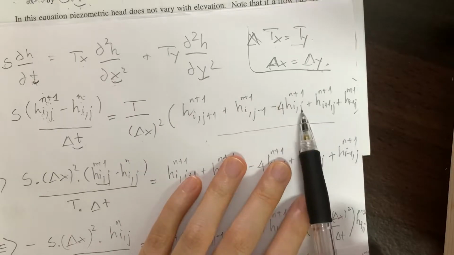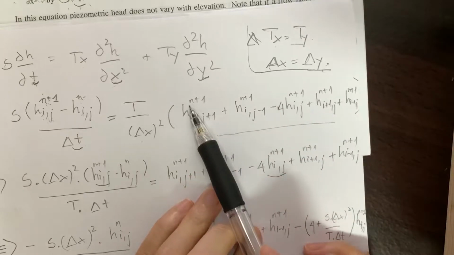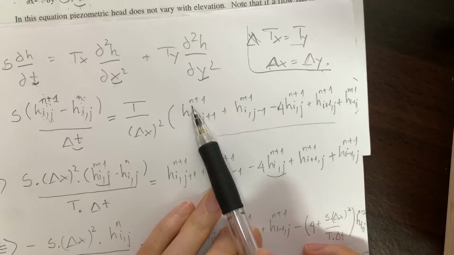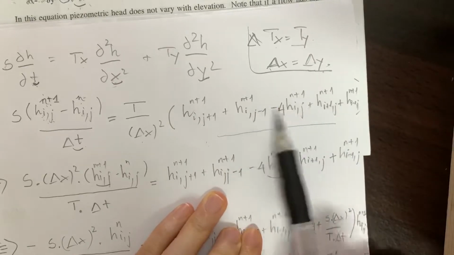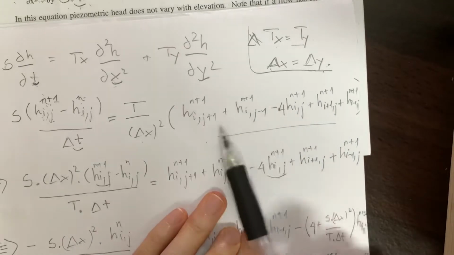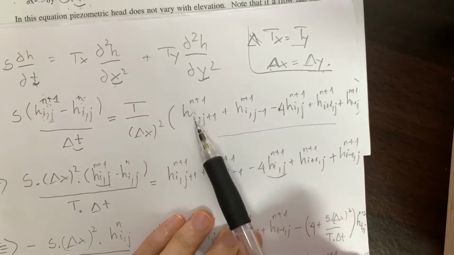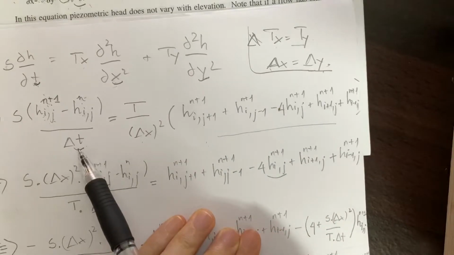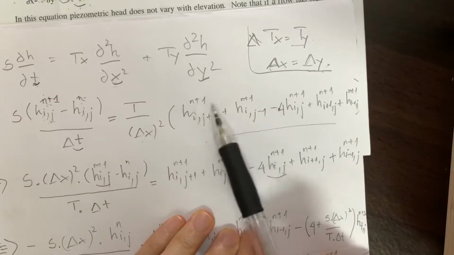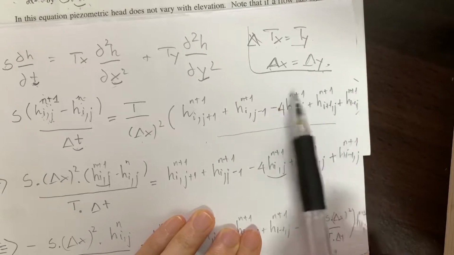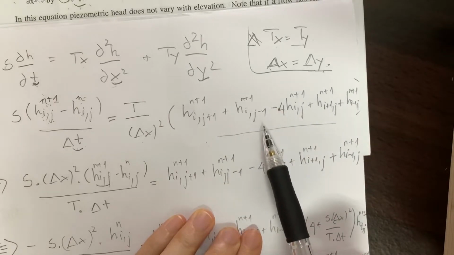You have the center point S i,j, and at the n positions you keep n, because you only consider the x and y directions, not a change in the t variable. So the n plus 1 just stays in these positions.